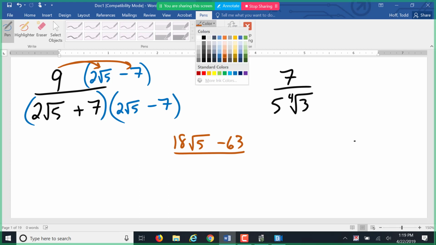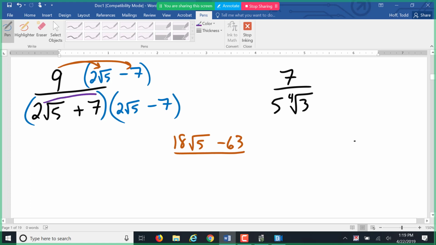On bottom, 2 root 5 times 2 root 5 is 20. 2 root 5 times negative 7 is negative 14 root 5. Positive 7 times 2 root 5 is positive 14 root 5.